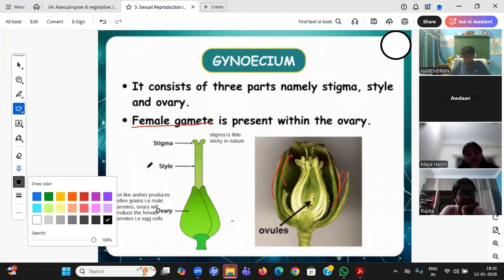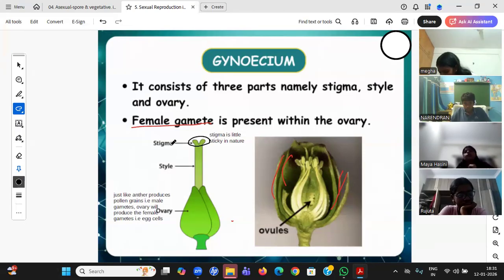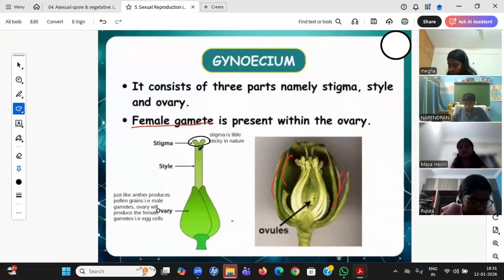So, what are the parts of it? The topmost part is the stigma, which is very sticky in nature. Always some juicy thing will be appearing there. The next part is the style.